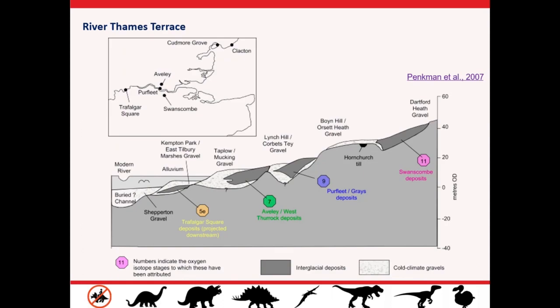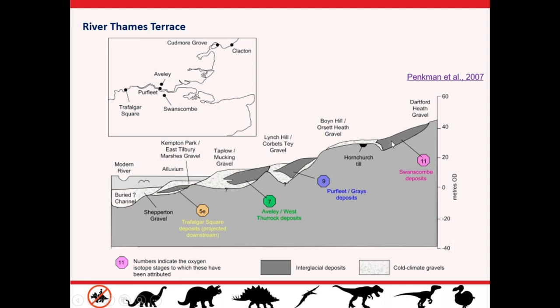And I've talked about the River Thames a couple of times in kind of looking at how it's developed over time and how it's been influenced. And what this image is showing us is basically a map of the river and where we see it exiting into the North Sea with particular locations on. And then we can map those locations down to these coloured numbers. And these coloured numbers are basically our interglacials.